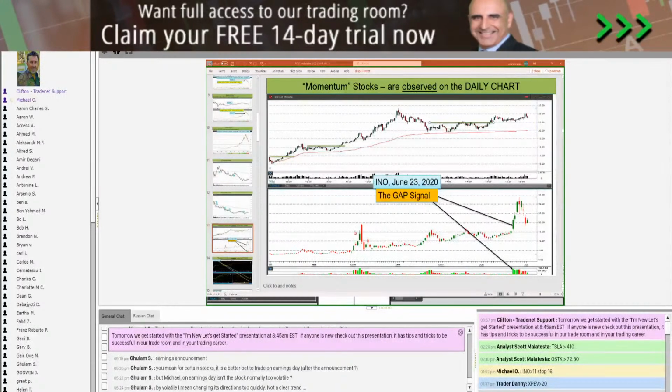How do we observe momentum stocks? Why do we want to observe those momentum stocks early in the morning? And again, then we apply the strategies that you learned and pretty much apply to any other stocks, only on stocks that have a better chance of really developing their daily range.